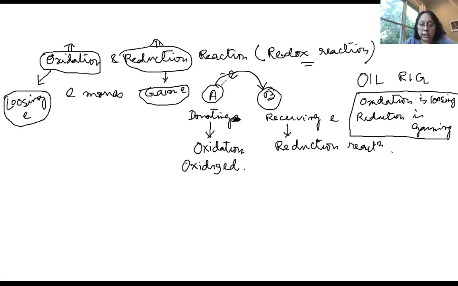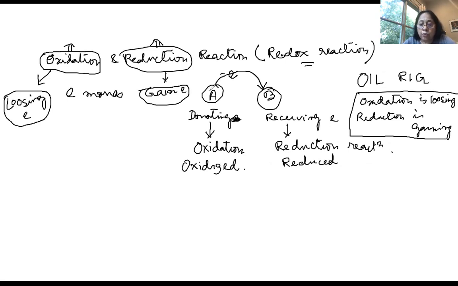Okay, because it is going under the process of oxidation. Now atom B, when it receives, means reduction reaction occurs. So we can say that atom B is actually going to be reduced.